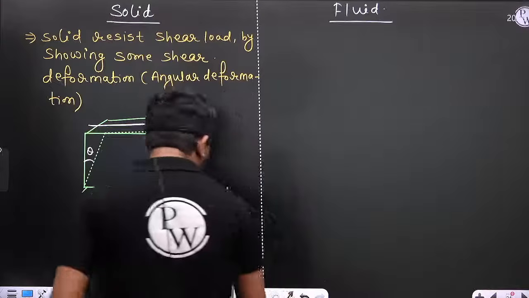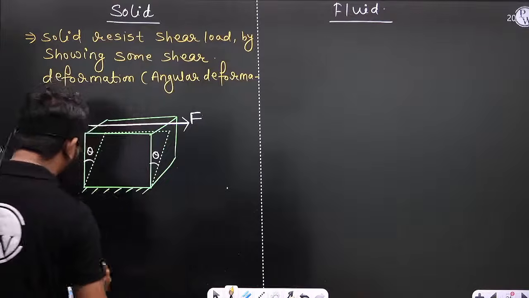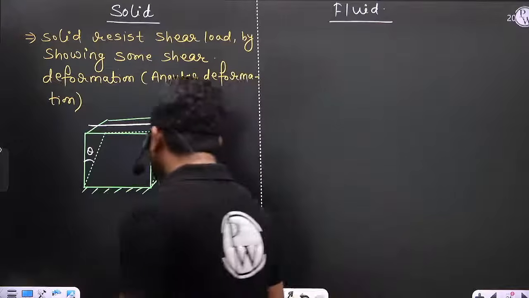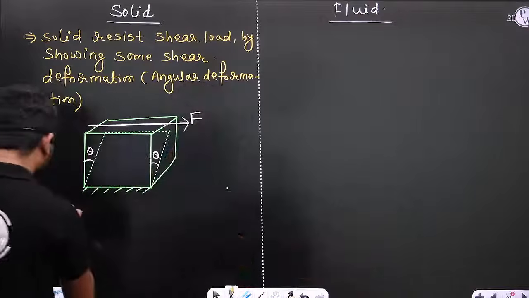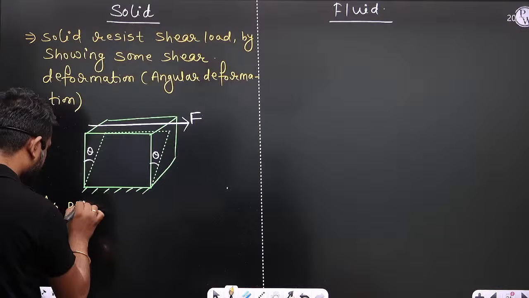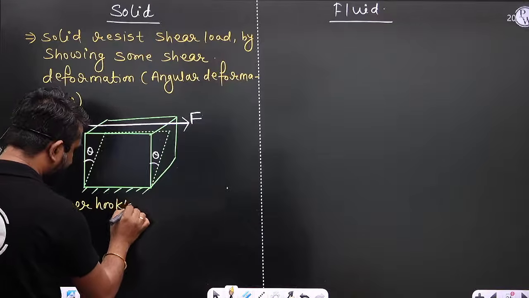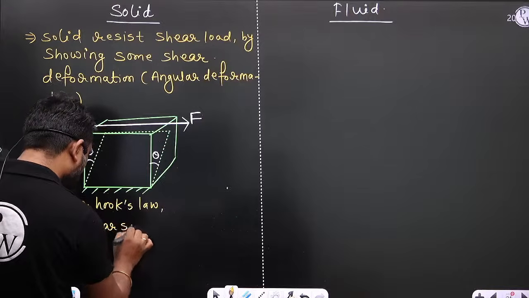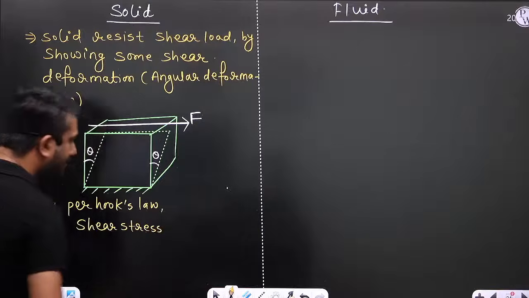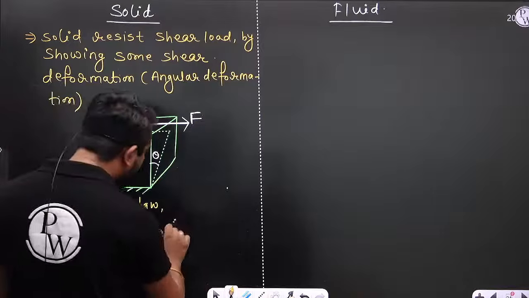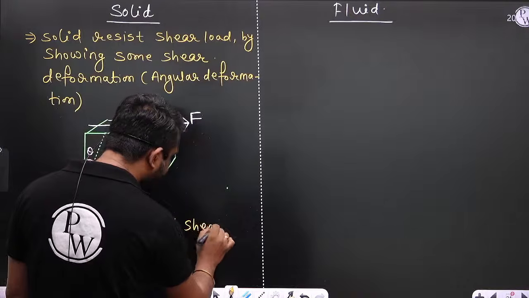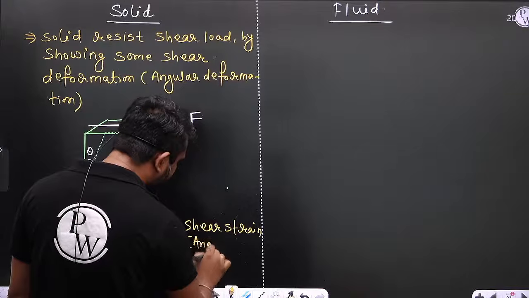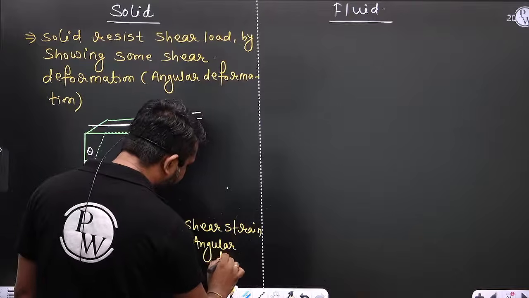And in this case, everyone knows Hooke's law, right? As per Hooke's law, the shear stress is directly proportional to the shear strain, and shear strain is nothing but the angular deformation.